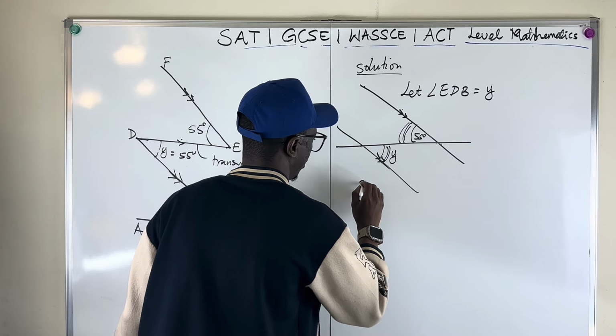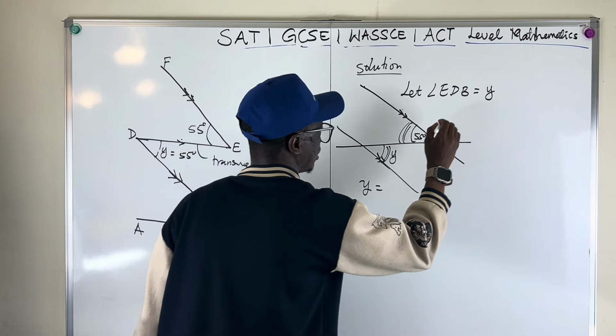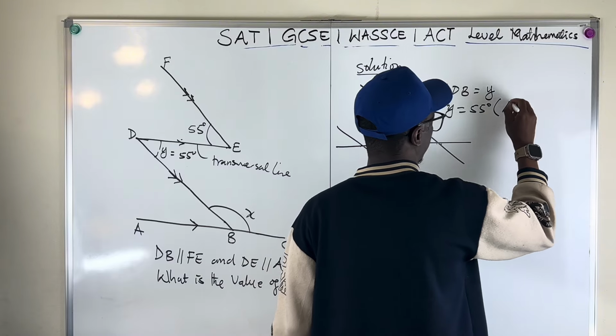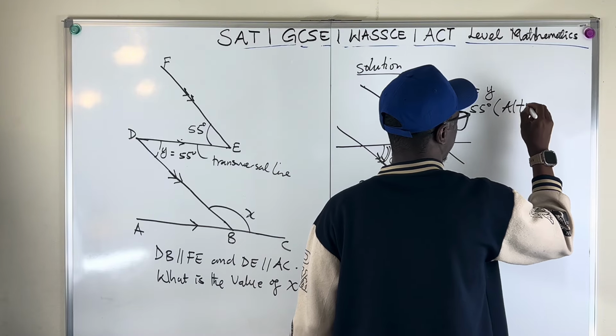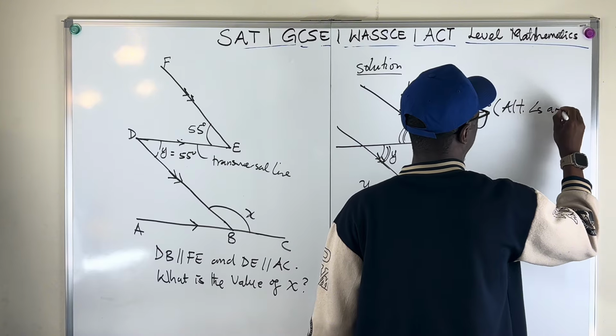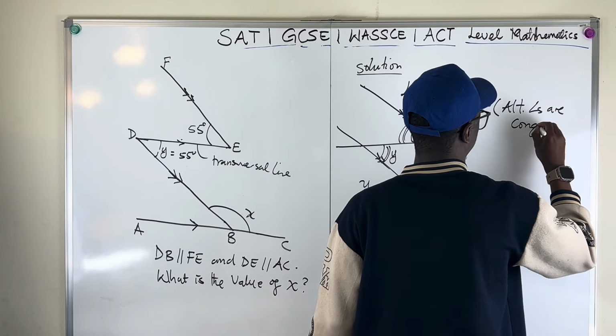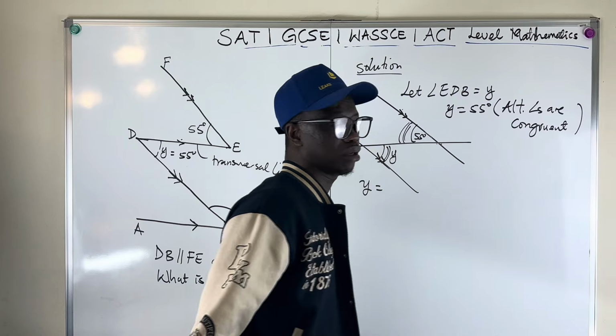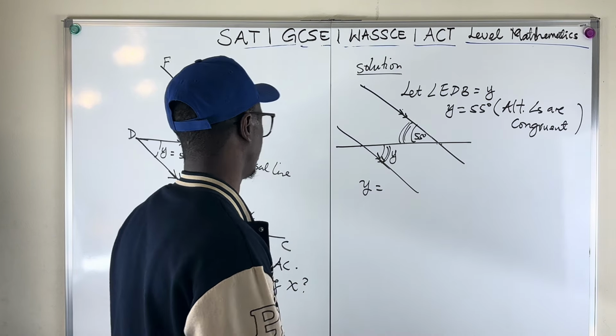So you say Y is equal to 55 degrees. You see, alternate angles are congruent, meaning they have equal measures. So that's the first thing you have to do.